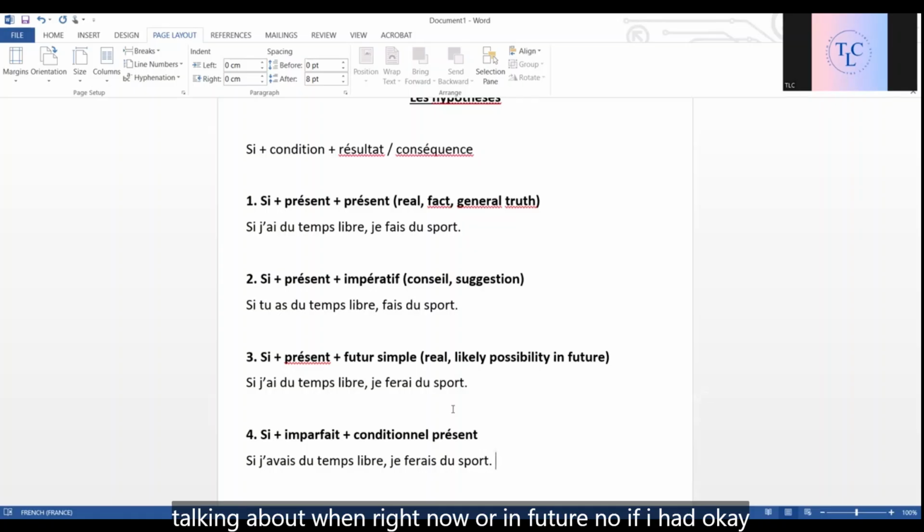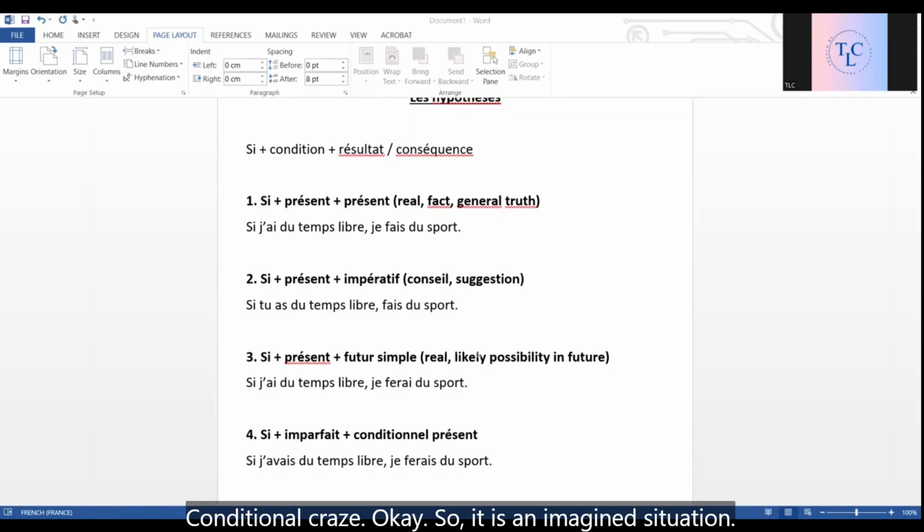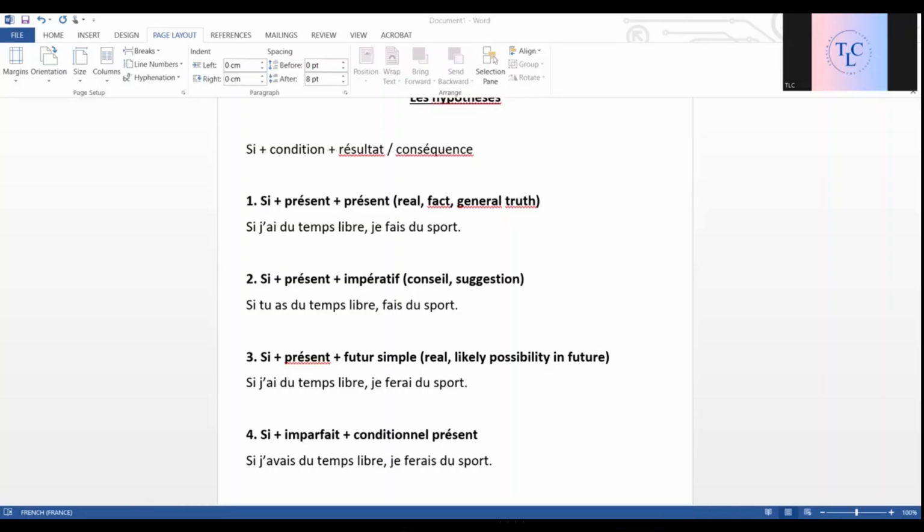No. If I had. I don't see a possibility right now. That's why it is si plus imparfait. And it is not future or présent that it is happening; it is conditionnel présent.